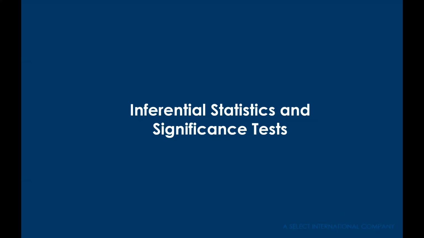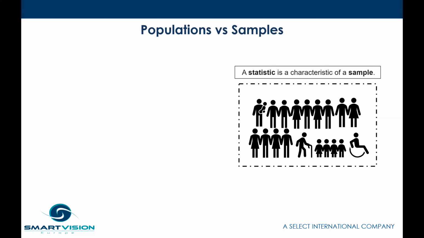Significance tests are associated with what are called inferential statistics. That means statistics that make an inference. The reason that's important is that at the heart of statistics is the concept of a sample. A statistic is a characteristic of a sample. Statistic comes from state: a state within a sample, a state at a particular point in time.